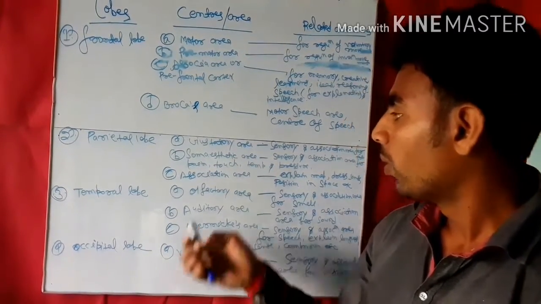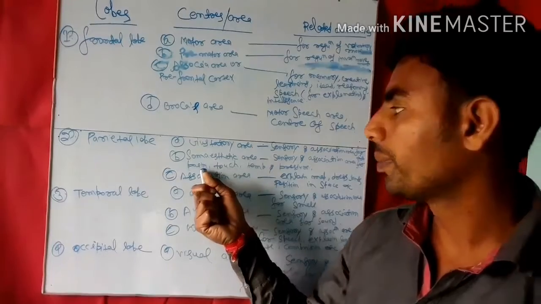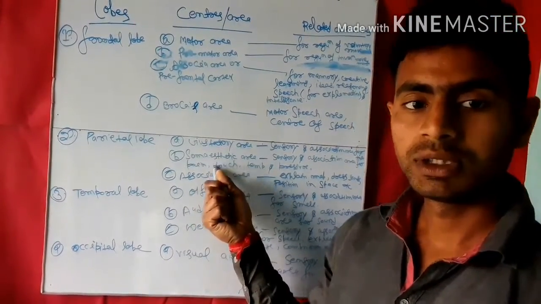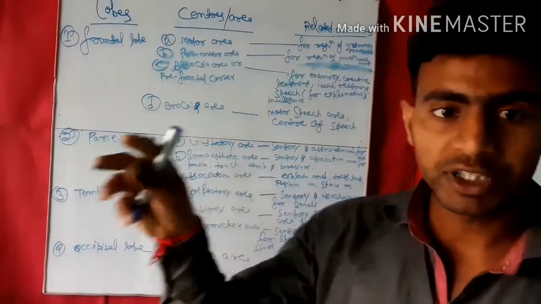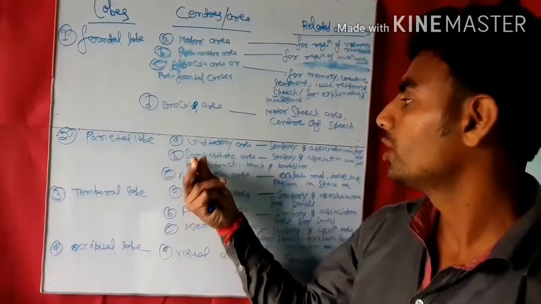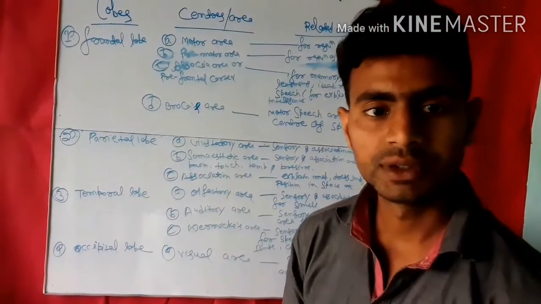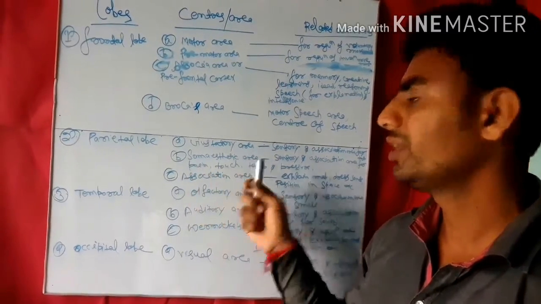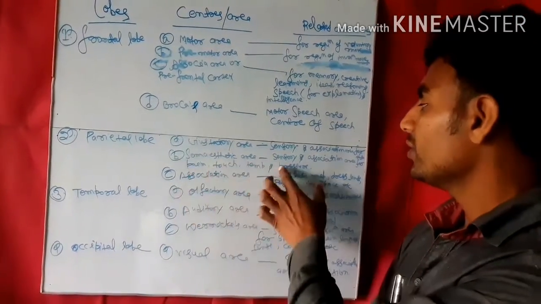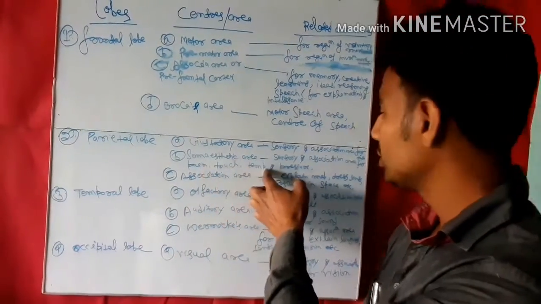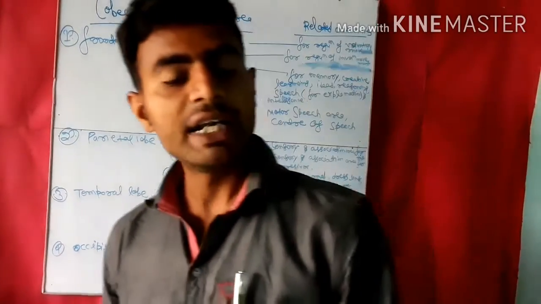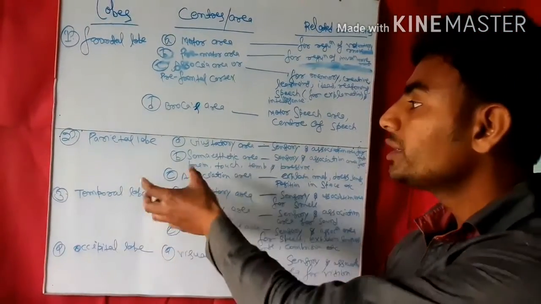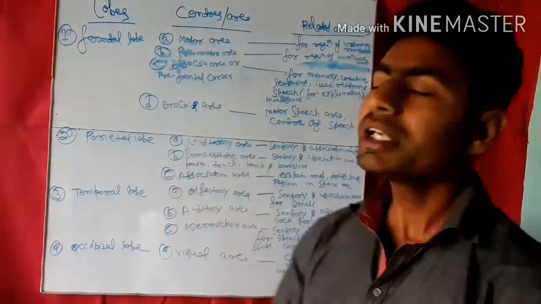If any person touches you, this is sensed by the somaesthetic area. If any pain is happening in your body, this is also sensed by the somaesthetic area. So the sensory and association area for pain, touch, temperature, and pressure is controlled by the somaesthetic area of the parietal lobe.